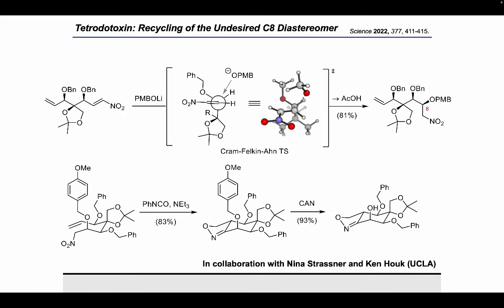The transition state was confirmed through computations from our collaborators Ken Houk and Nina Strassner. Quite remarkably, we found that the protected C8 alcohol enabled the cycloaddition with significantly improved yields, and the PMB group could be cleanly removed using ceric ammonium nitrate.